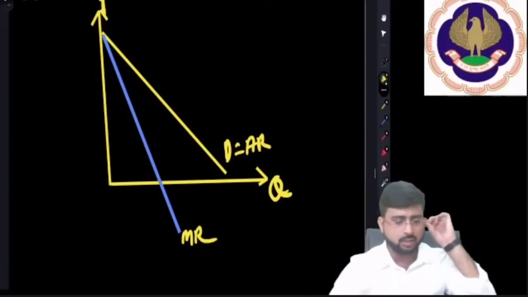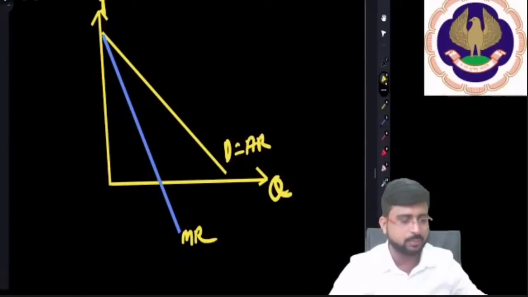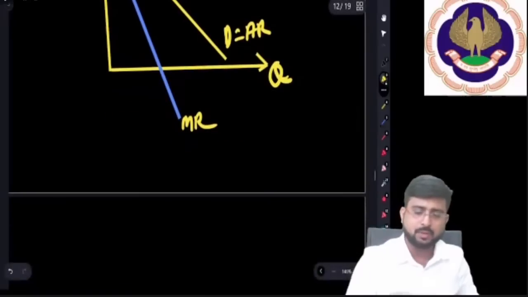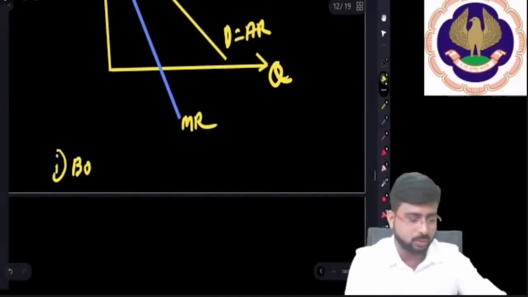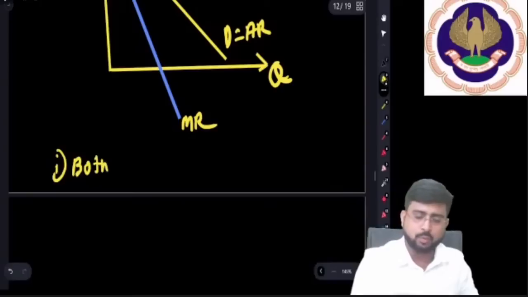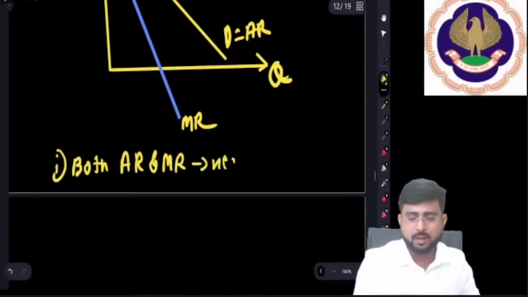So what I'm trying to tell you here is that both AR and MR are negatively sloped, that is, both are falling.